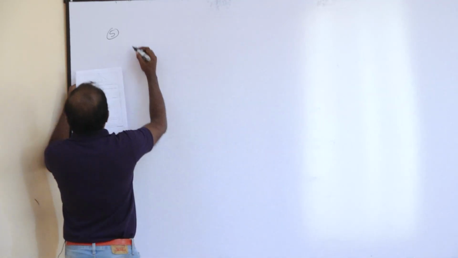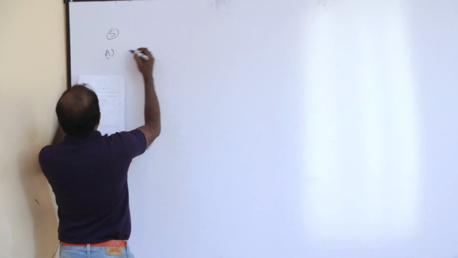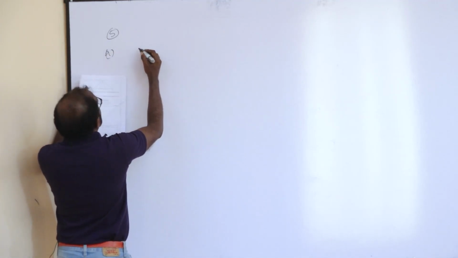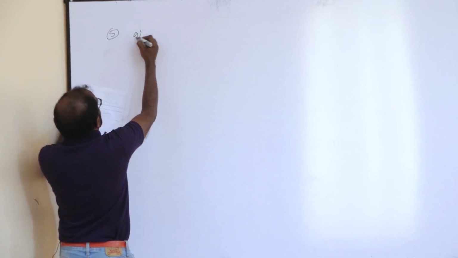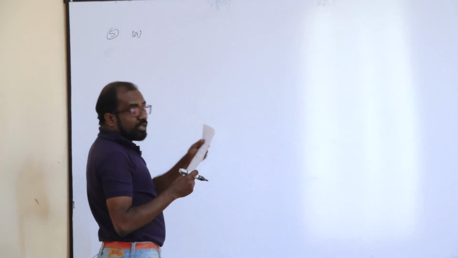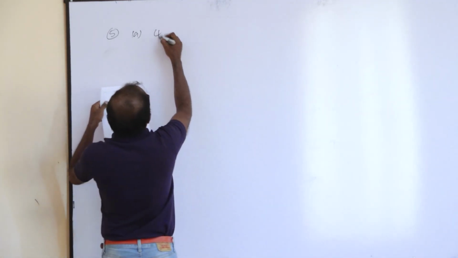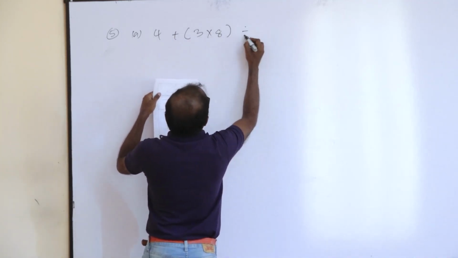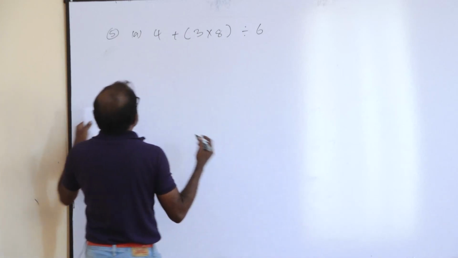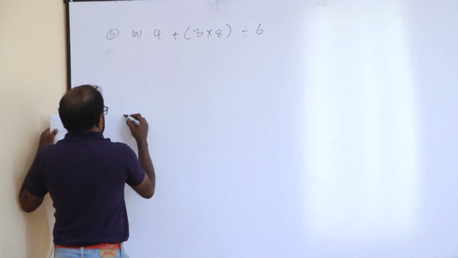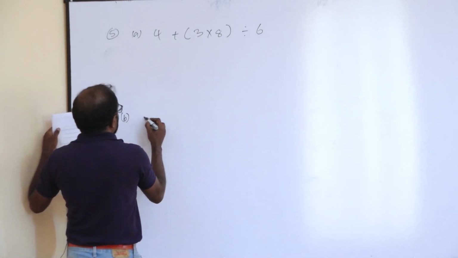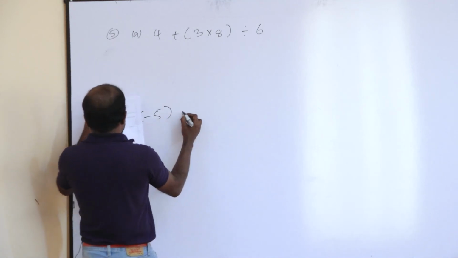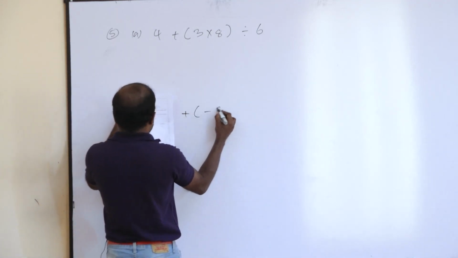The first one is from the second lesson: simplify numerical expressions. 4 plus 3 times 8 divided by 6. The second expression is from directed numbers, plus and minus simplification.